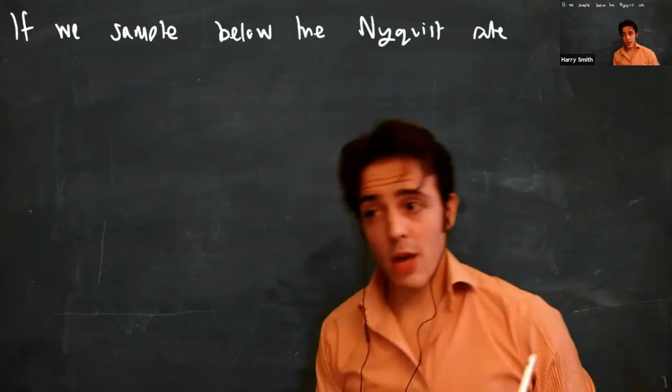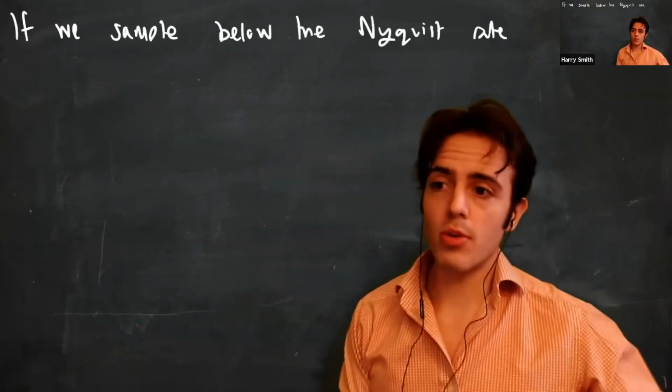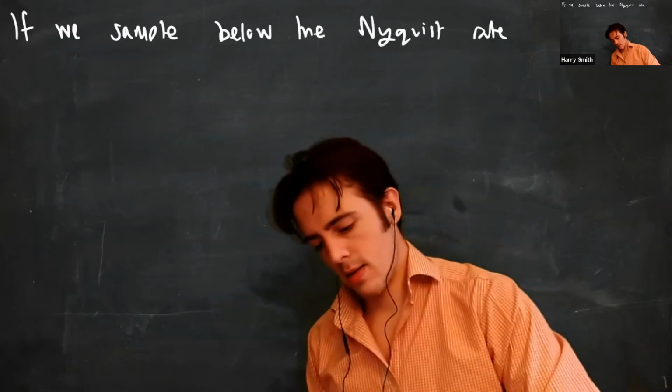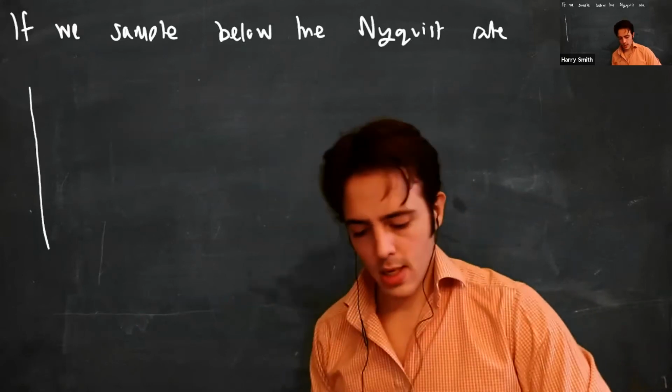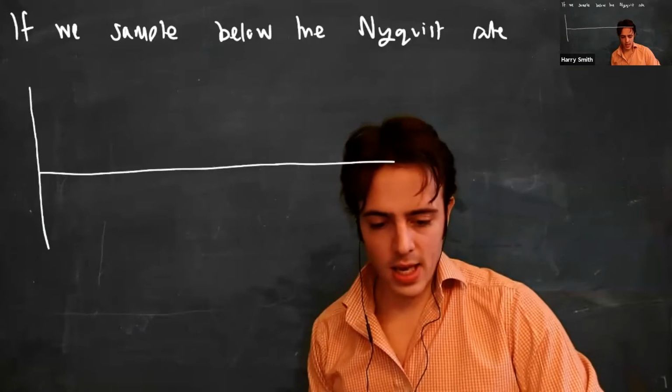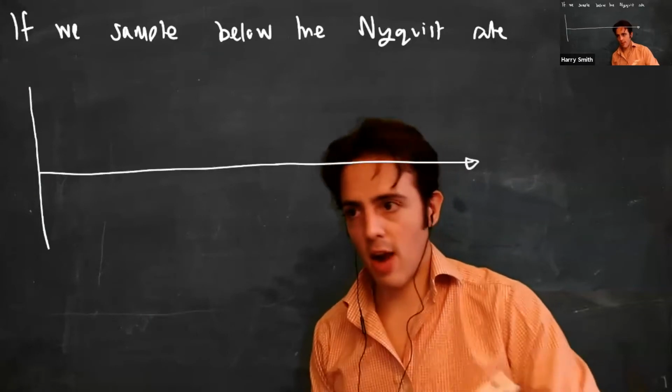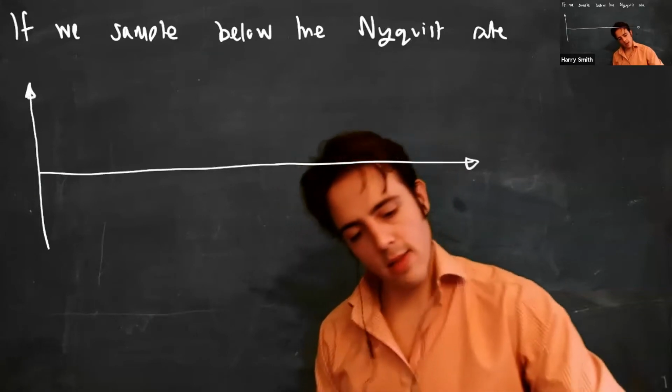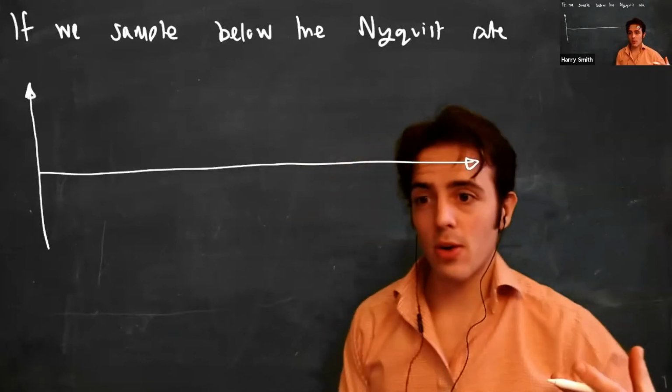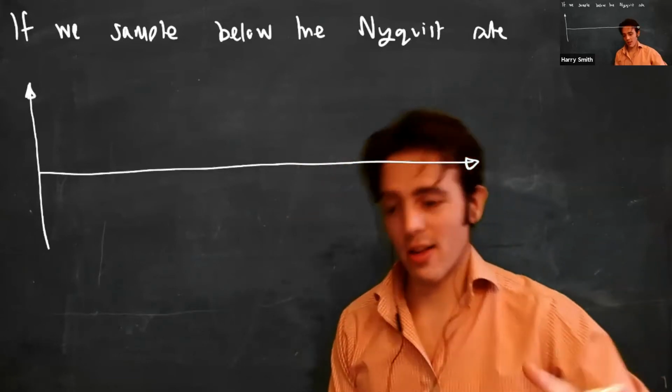If we sample below the Nyquist rate, then we can never reproduce those data properly. And this is not something that's particularly easy to teach through diagrams when you're as bad an artist as I am. So this is why lab 2 is going to be about doing this exercise using Python.